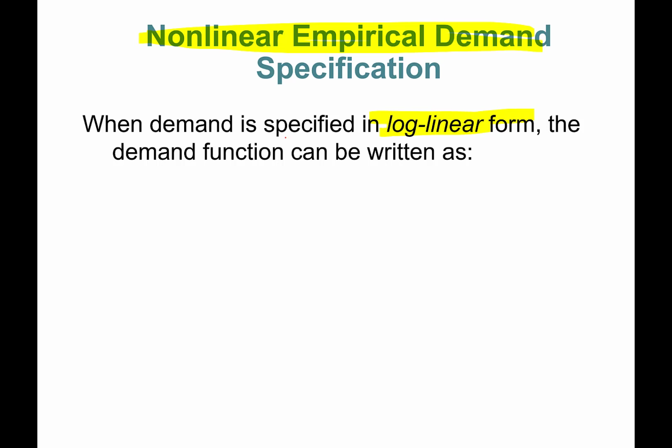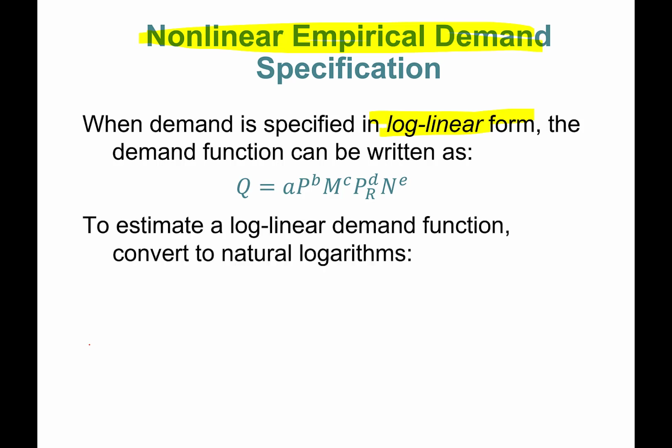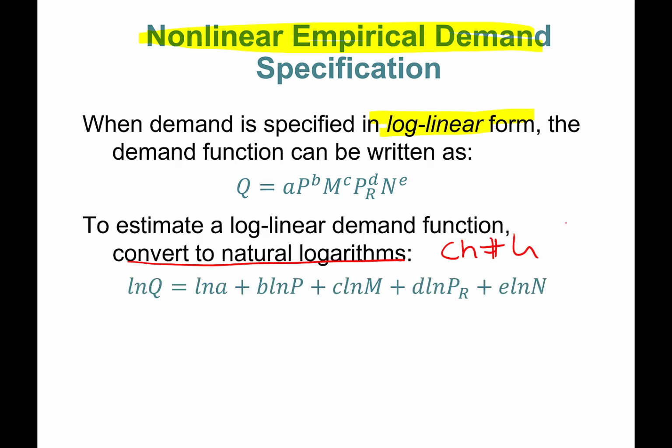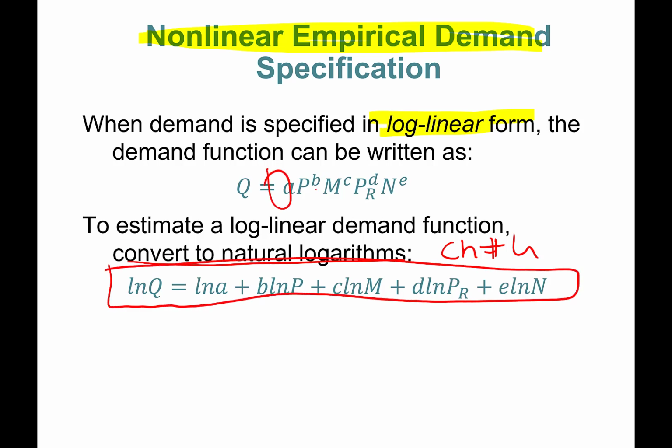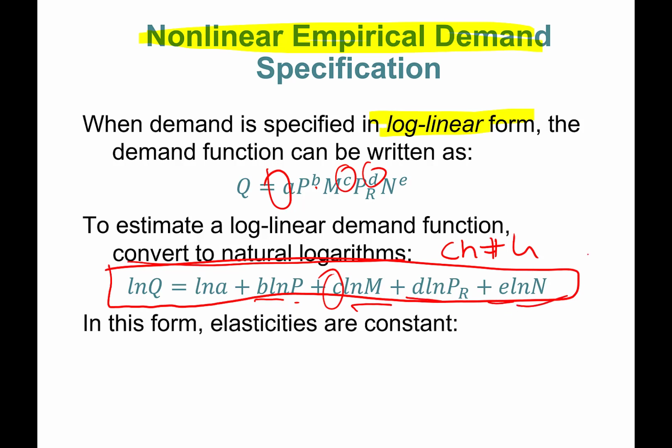When demand is specified in the log linear form, the demand function can be written as follows, right? And then you take the natural logarithm of this expression, convert to natural logarithms. We covered this in chapter number 4. You can take a look at that. So what you find is this: ln of Q equals ln A plus B ln P, C ln M, D ln PR, and E ln N. Okay, in this form, elasticities are going to be constant.